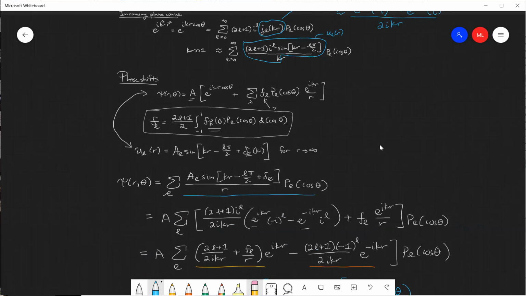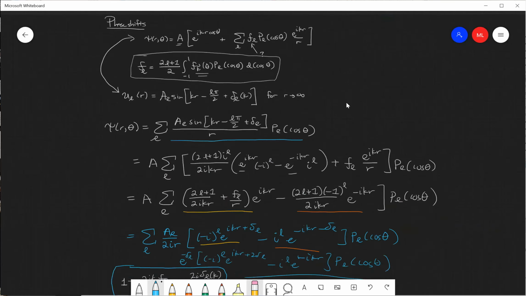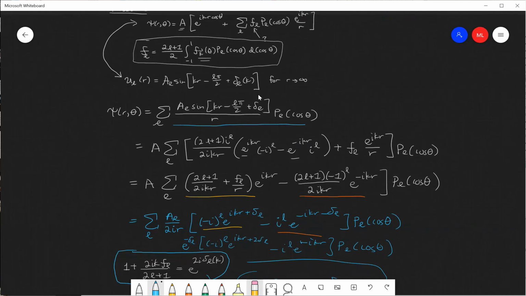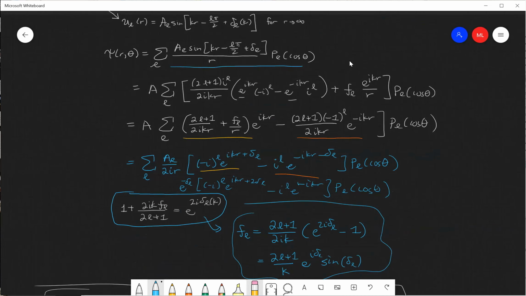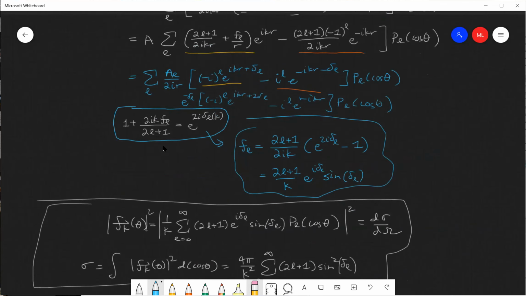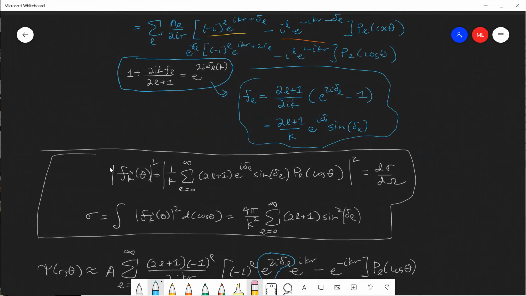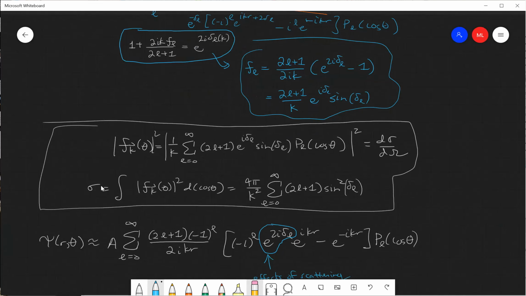And then just by studying what the solutions of the Schrodinger equation look like for no potential, which is what happens far away from the target, we're able to understand how the scattering amplitude is related to a property of the Schrodinger equation solution, namely the phase shifts, which are just some coefficients you would get by solving the Schrodinger equation. This is the relationship we got by doing that comparison. And from that, we can immediately write down the differential scattering cross-section and the total scattering cross-section in terms of those properties of the solution, the phase shifts. And that's the essence of the partial wave expansion.